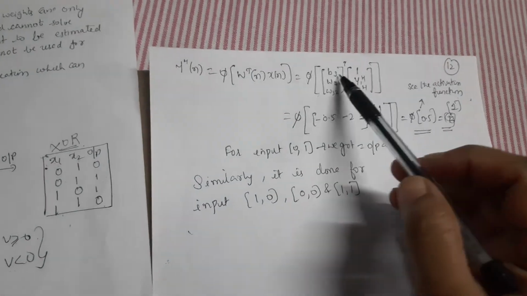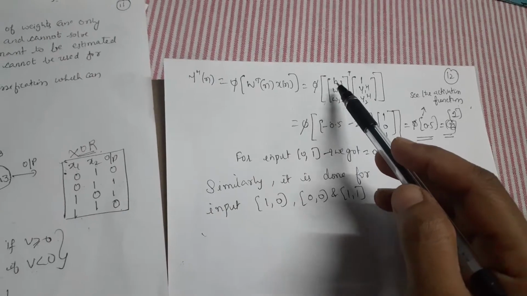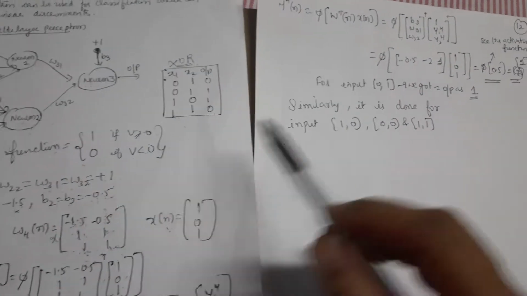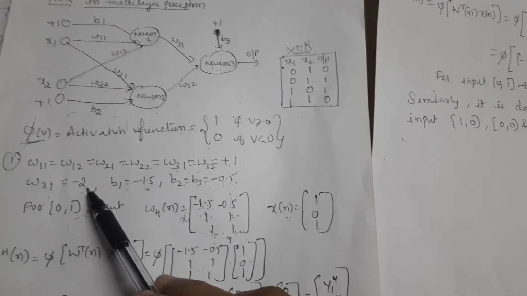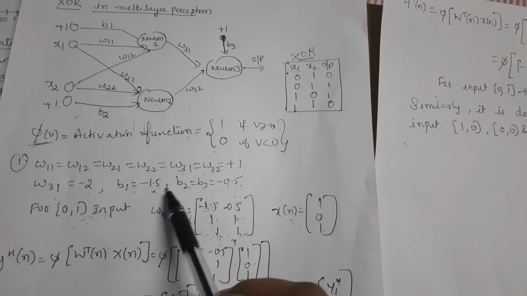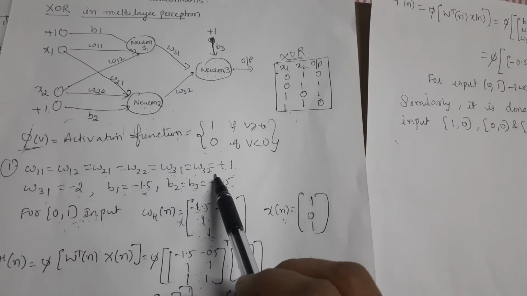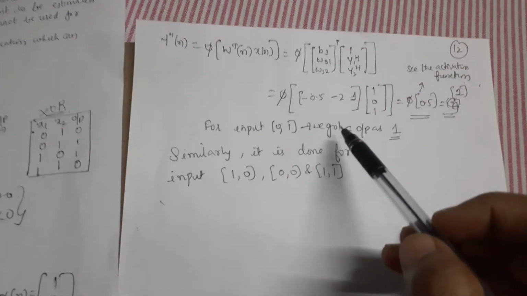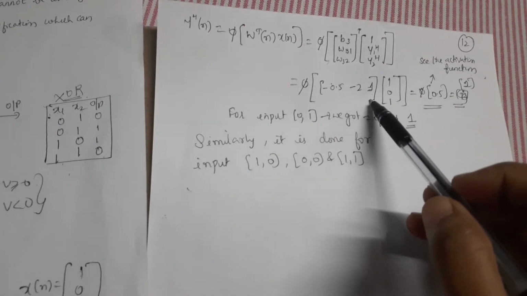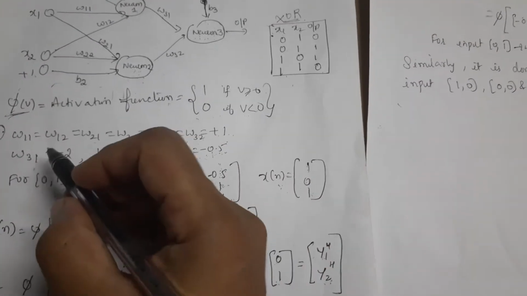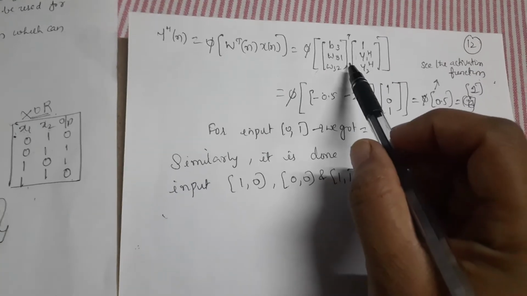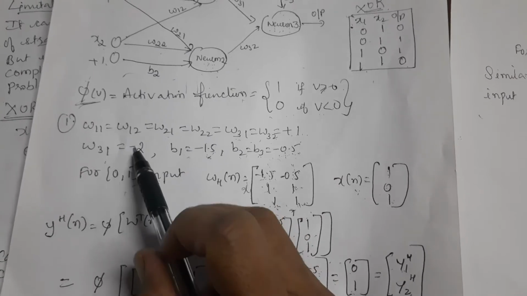Now substitute the values. B3 is minus 0.5, weight 3,1 is minus 2, and weight 3,2 is plus 1.